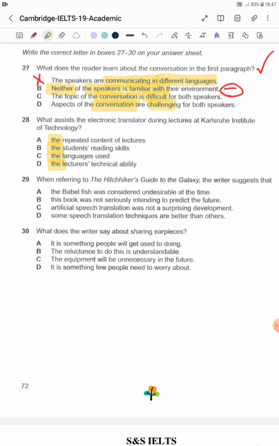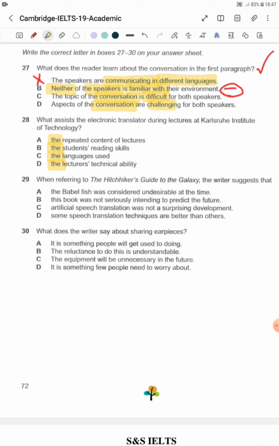If you divide keywords into 2 categories, differences and similarities, differences are the keywords you have to look for in the text. Similarities are the keywords that are mostly repeated through the text, but what we have to look for are differences, different keywords.